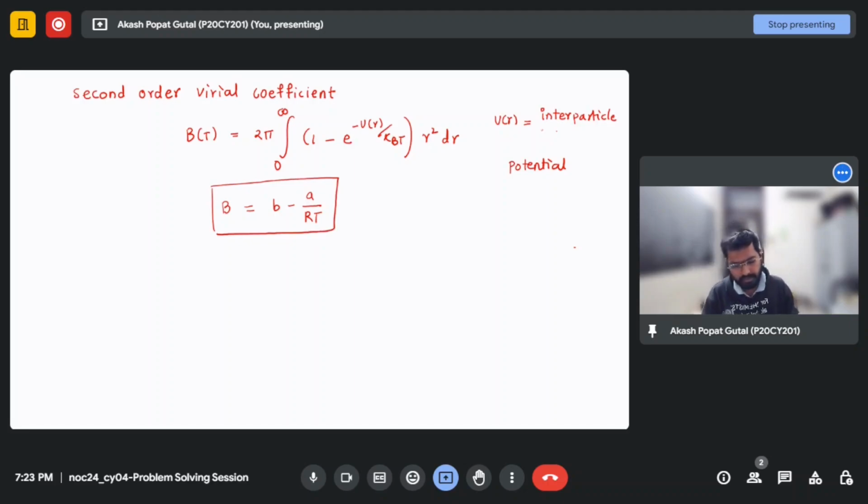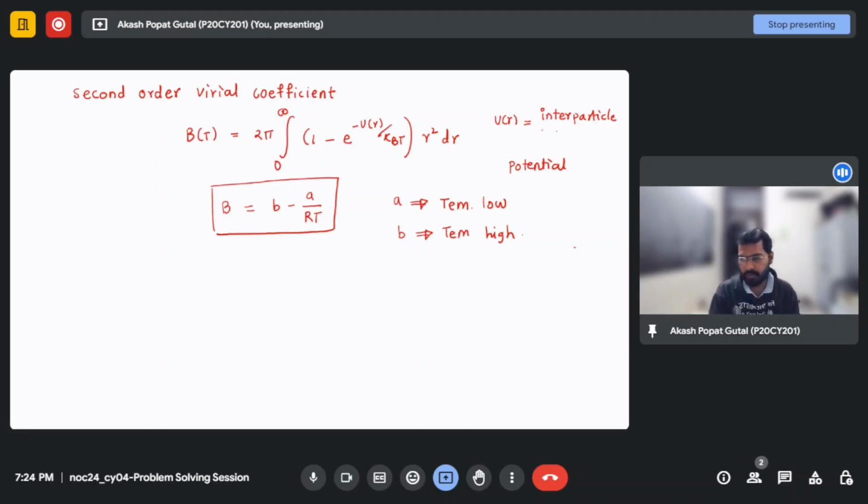And what we found is that a is more important when the temperature is low, and the value of capital B depends more upon the small b when the temperature is high.